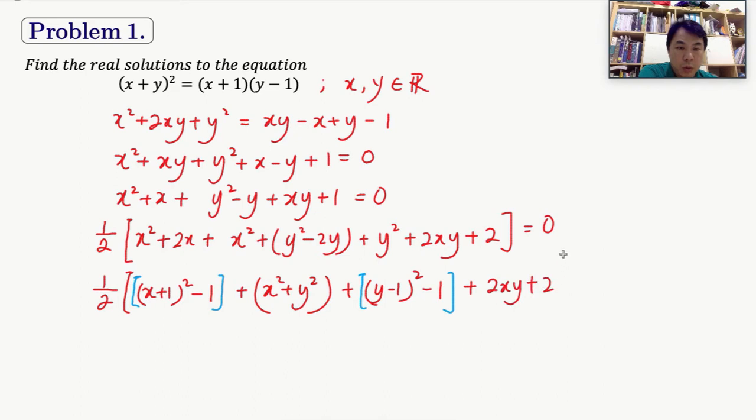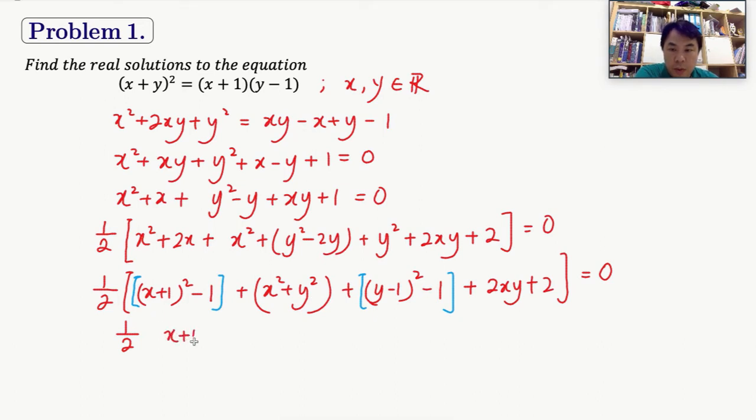And then finally in this case I have 2xy plus 2. Okay, so that's what I have currently. And then by simplifying, of course, if I simplify this, let me see, what do I have here? This is a -1, -1, so -2. That can be cancelled out.